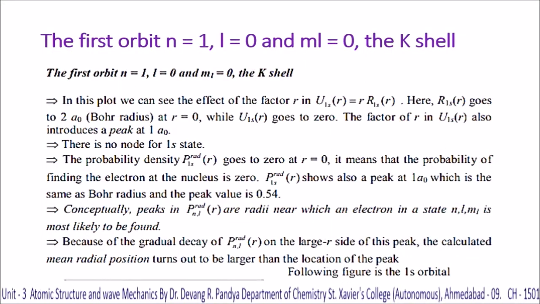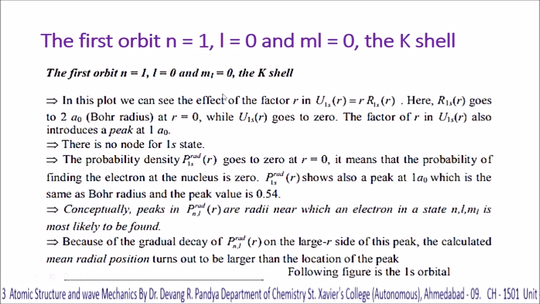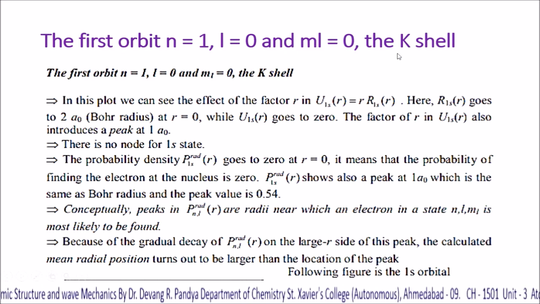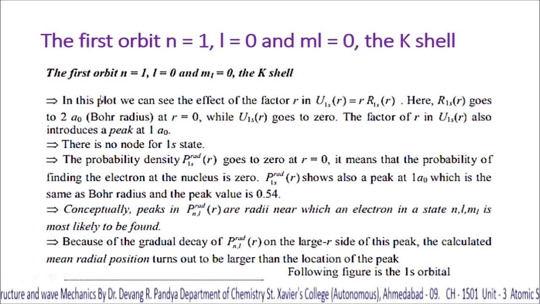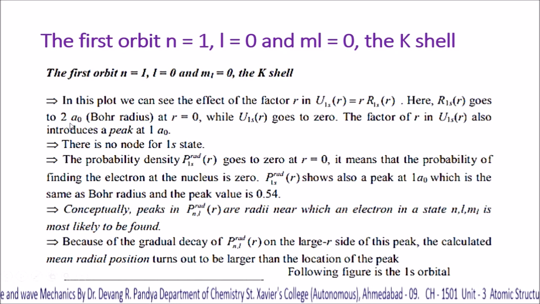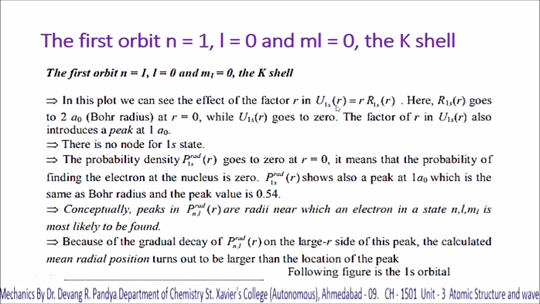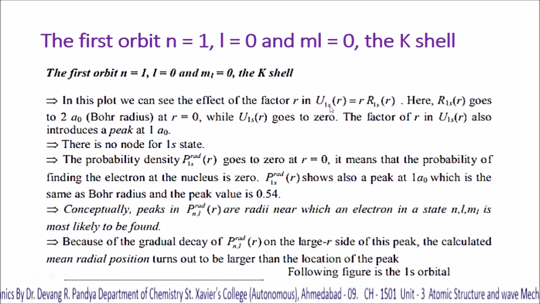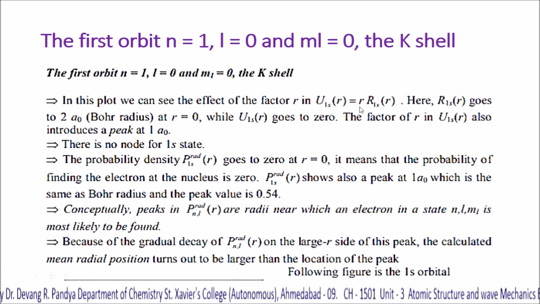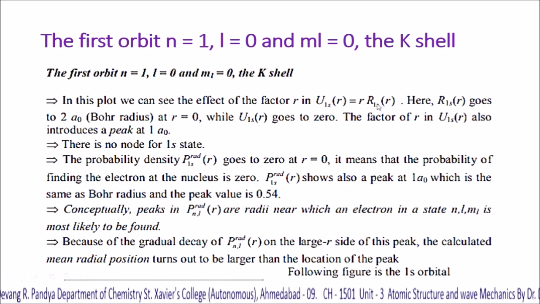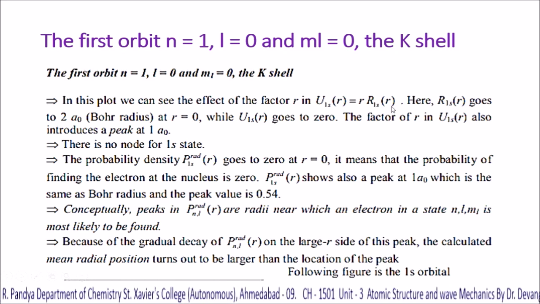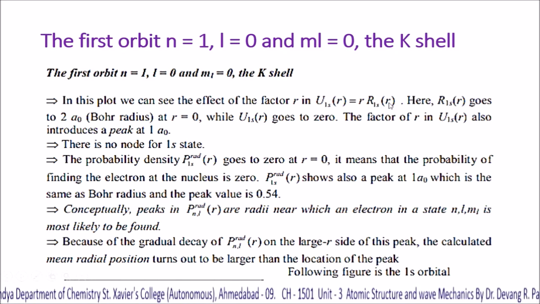The first orbital, that is n is equal to 1, l is equal to 0, m subscript l is equal to 0, and it is the K shell, where we can have the s orbital. In this plot we can see the effect of the factor r in the first 1s orbital, that is R represented as R1s(r), where small r represents the radius.